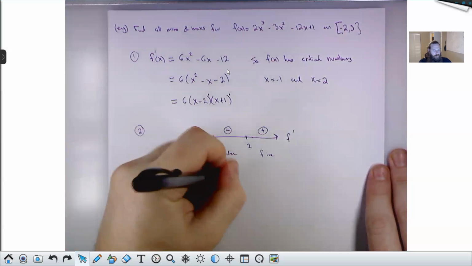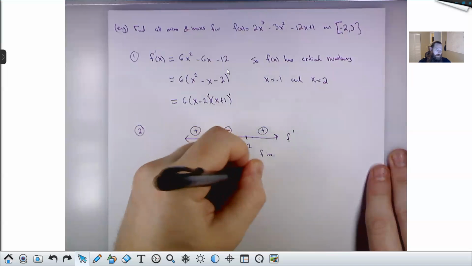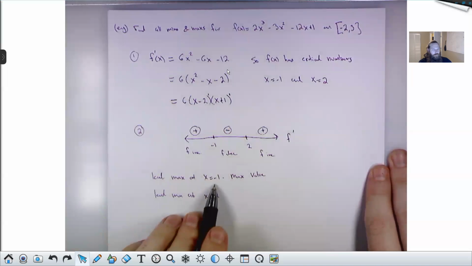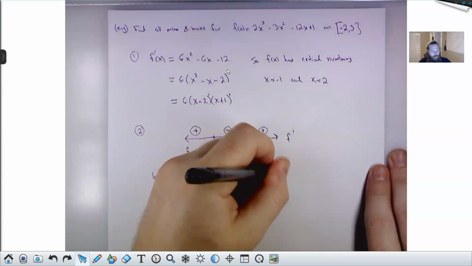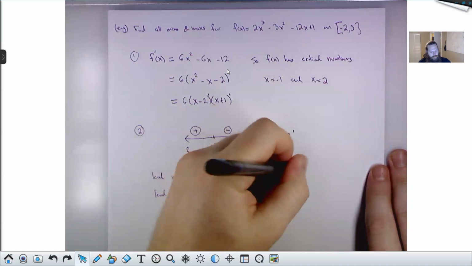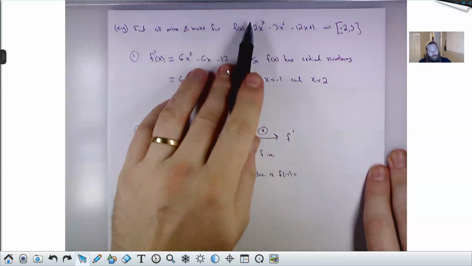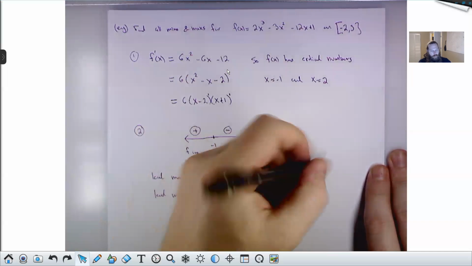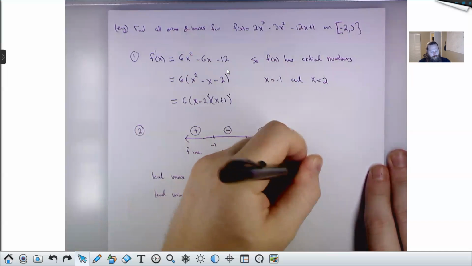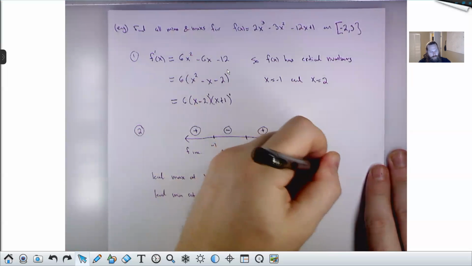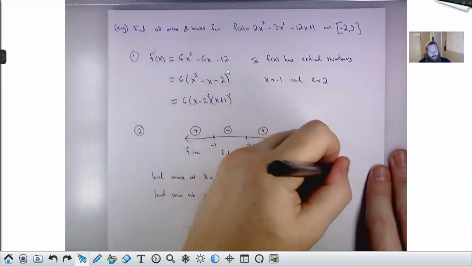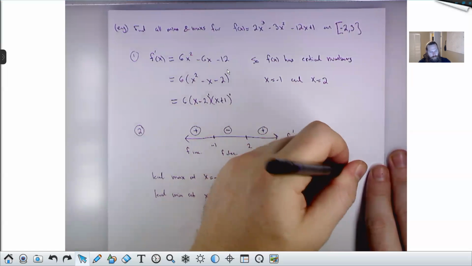The max value at x equals -1, to find that, I need to plug -1 into f of x, the original function. Now that's going to be 2 times -1 cubed minus 3 times -1 squared minus 12 times -1 plus 1.